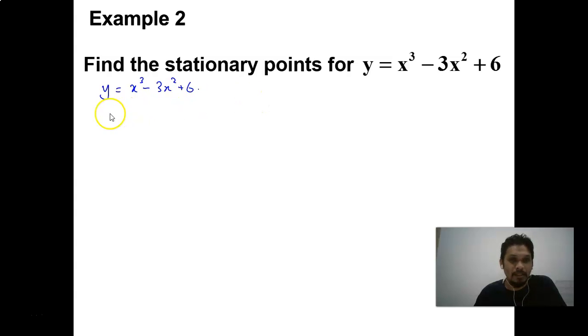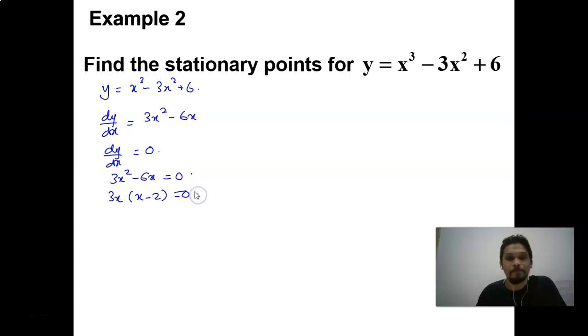Okay, and now here we find that the dy/dx or y prime equal to 3x squared minus 2 times 3, equal to 6x. So then here let's make dy/dx equal to 0. 3x squared minus 6x equal to 0. Factorize this, then we come up with 3x(x minus 2).